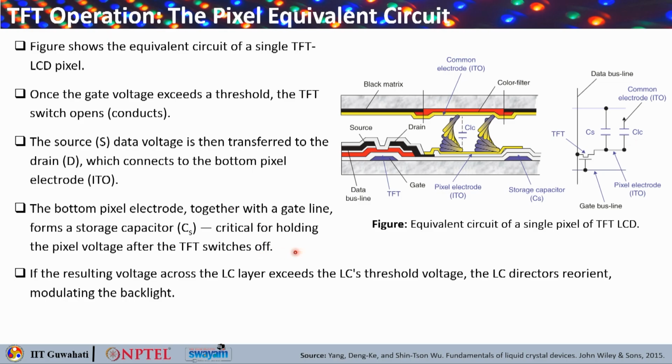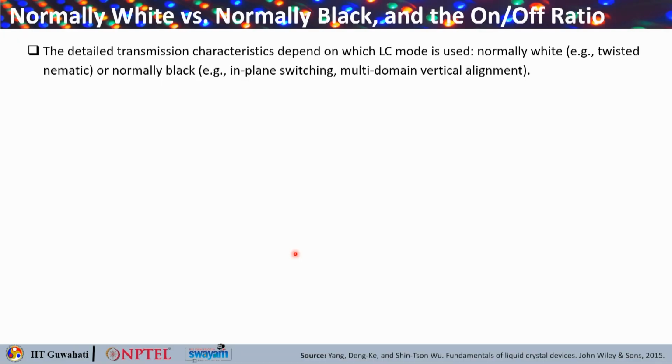So if the resulting voltage across the liquid crystal layer exceeds the liquid crystal threshold voltage, in that case the liquid crystal director will reorient and it will start modulating the backlight. Now the detailed transmission characteristics basically depend on the mode of the liquid crystal which is being used.